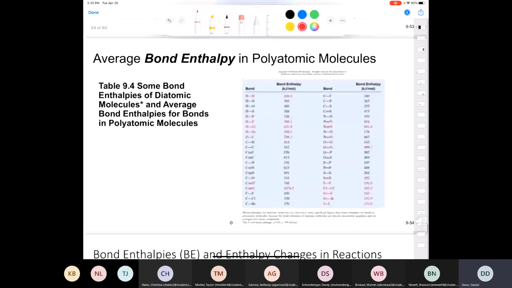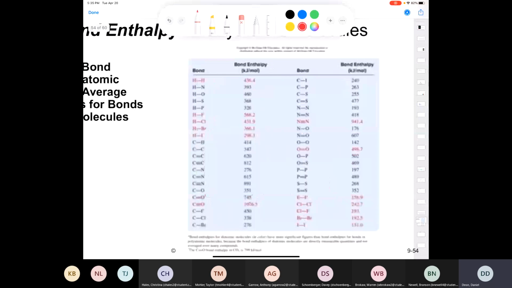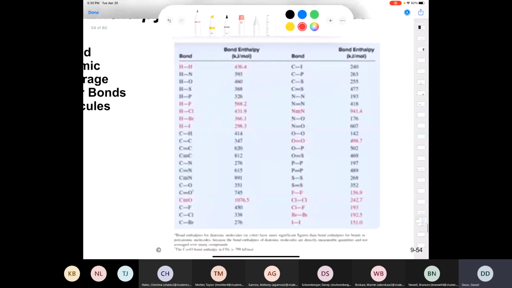Now, if we go to that table so that you can actually see what's going on, it's a little fuzzy, but all of the molecules that are highlighted in red are diatomic or monatomic molecules. You can see that all their bond enthalpies are listed to the 10th place. They're known with greater accuracy because there's only one way in which oxygen can bind with itself.